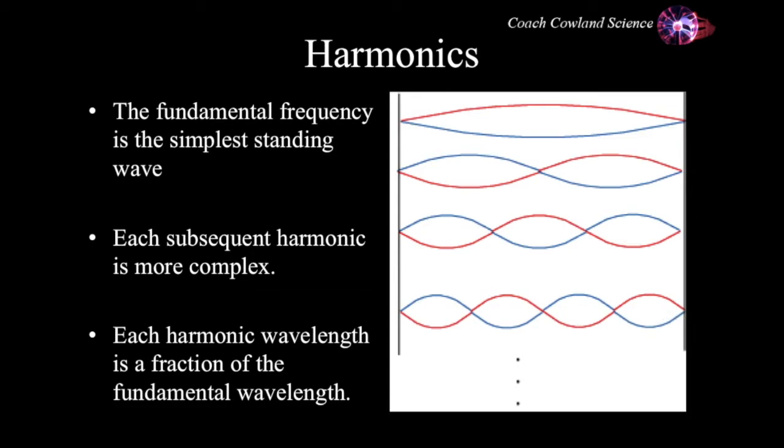Each one is slightly more complicated and each one produces a slightly different frequency. That frequency is because the wavelength is changing each time, and as the wavelength changes, it changes in relation to the length of the string, basically as a fraction of that string length.